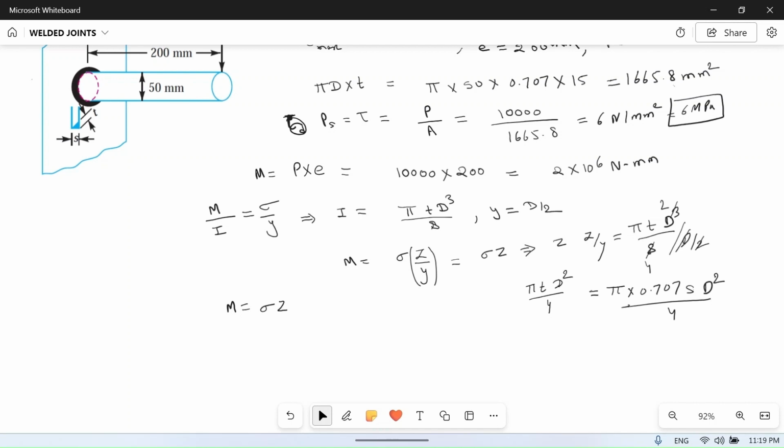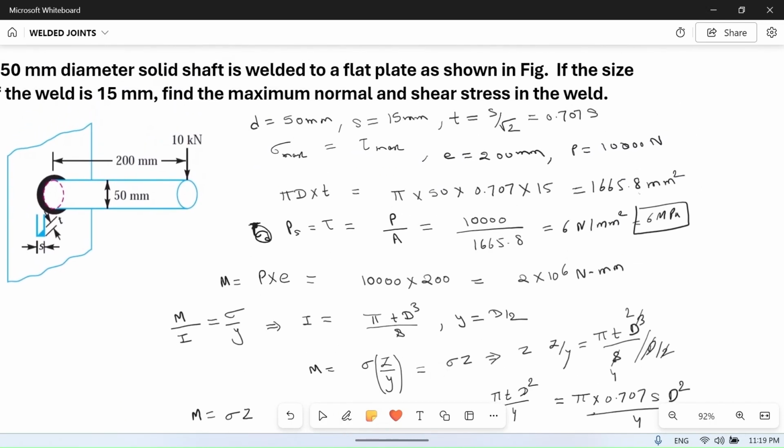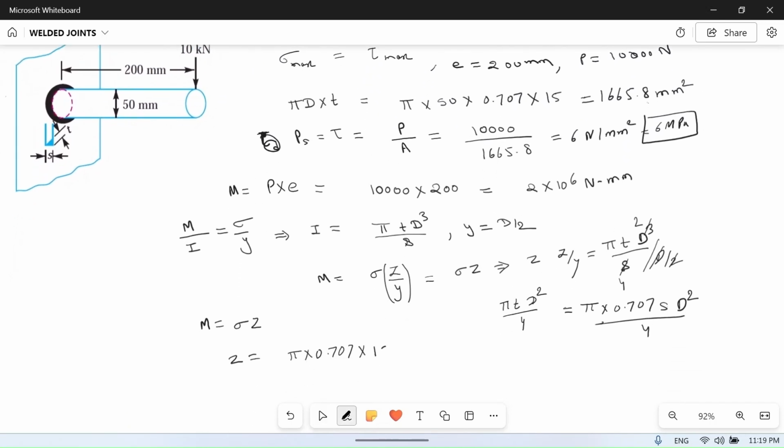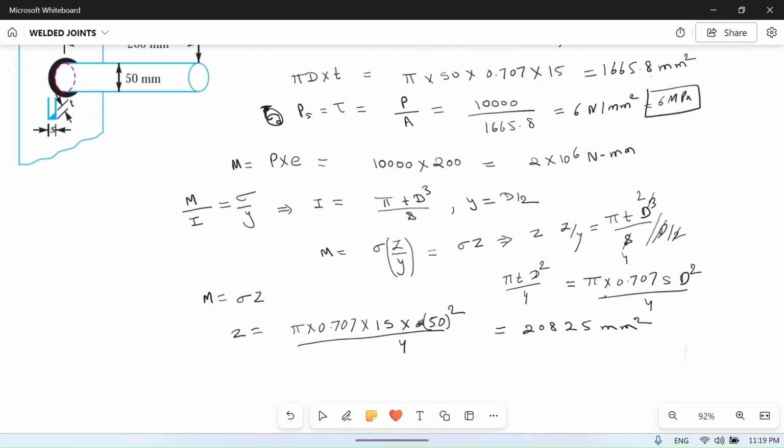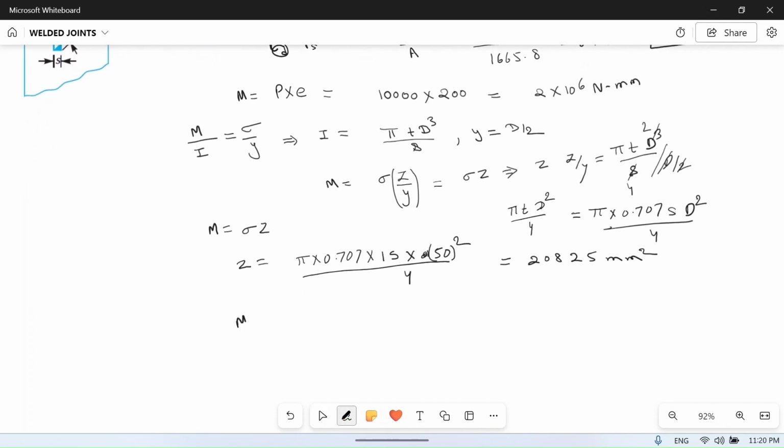Now we can calculate Z. Z is equal to pi into 0.707 into 15, with d equal to 50, so 50 square divided by 4. If you calculate it, you will get 20,825 mm cube.